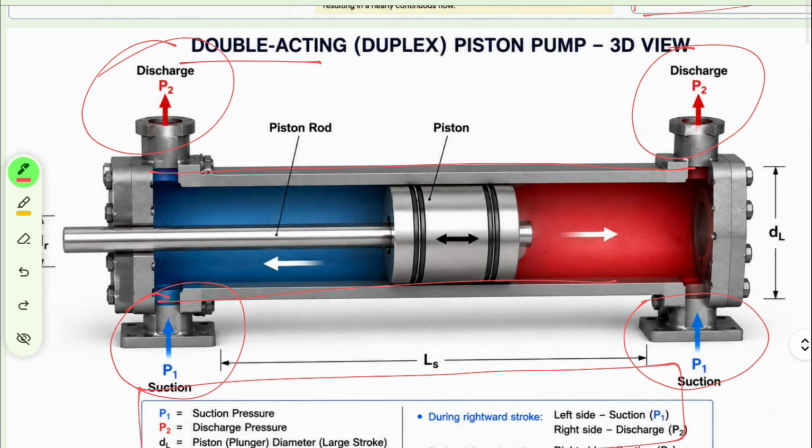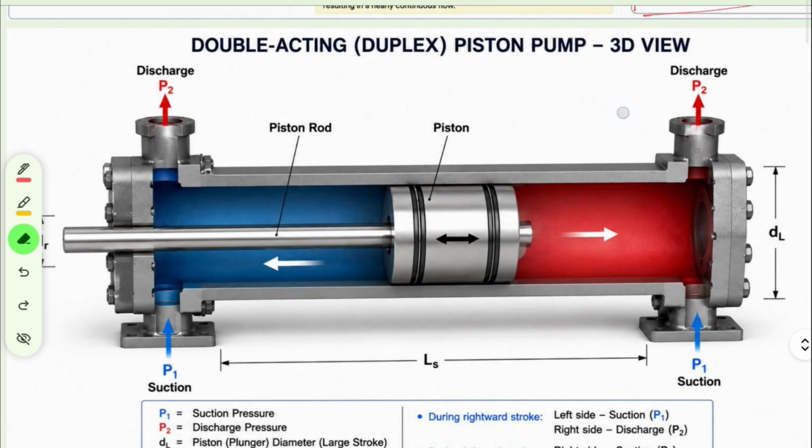Once we understand this part, let's understand how the duplex pump works, without any further ado. Let's see how the duplex pump is working over here, right?